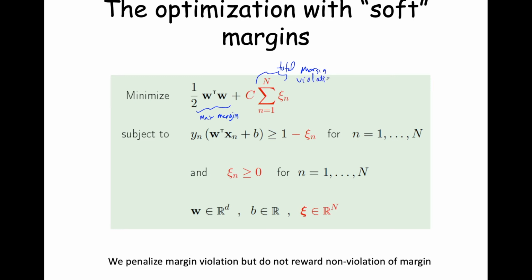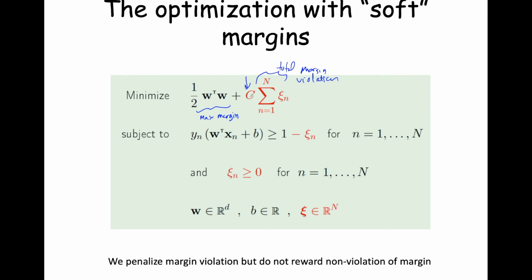So that's what this term does. And now we introduce this term C. That's a soft constraint. Depending on the size of C, if C is very large, that means we are saying in our optimization, maximize the margin, but don't allow for very many margin violations, because it's going to penalize quite a bit if you have any margin violations.